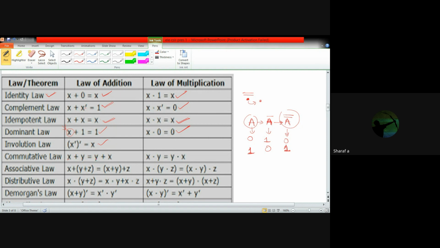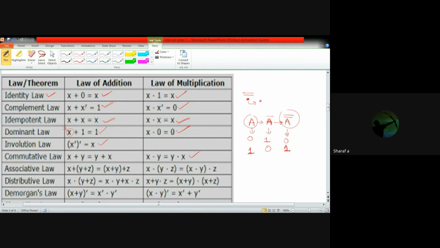Both will be the same. If you add a plus b, that will be equal to b plus a. If you add c plus d, that will be equal to d plus c. So the order is not important. Only that operation is important. So a plus b will be equal to b plus a, or x plus y will be equal to y plus x. That is the commutative law.